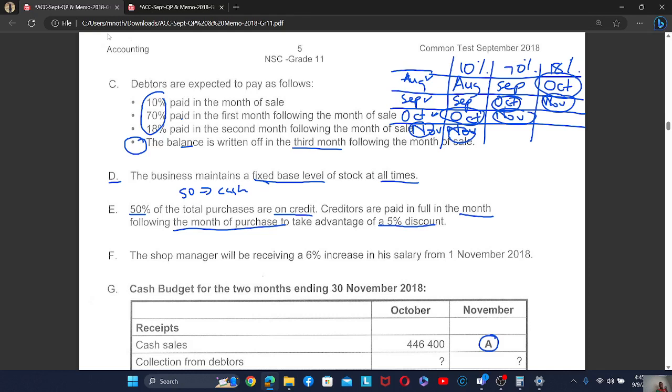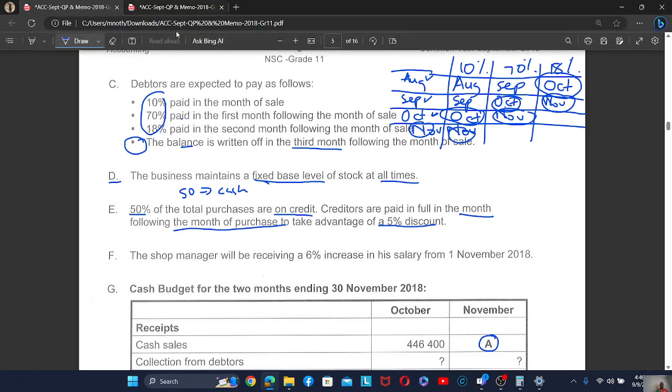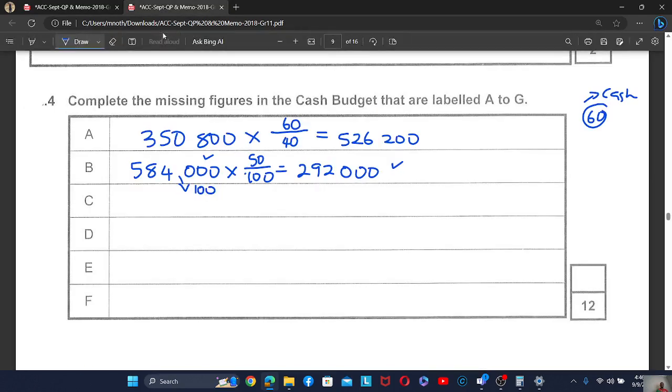So the credit purchases of November will be paid in December, because creditors are paid in full in the month following the month of purchase. And the ones for October will be paid in November.